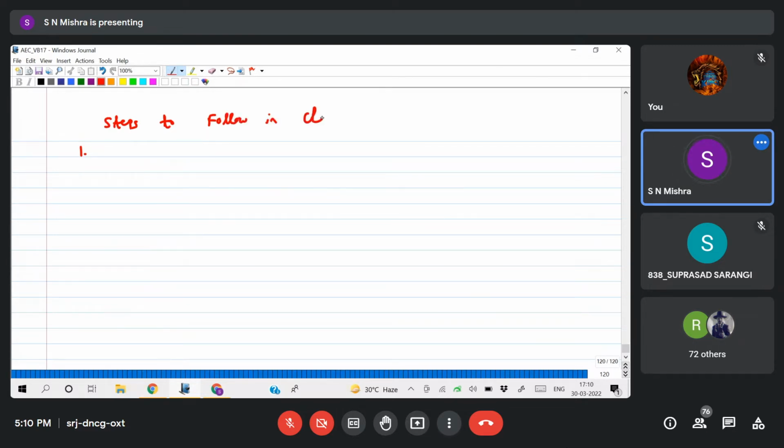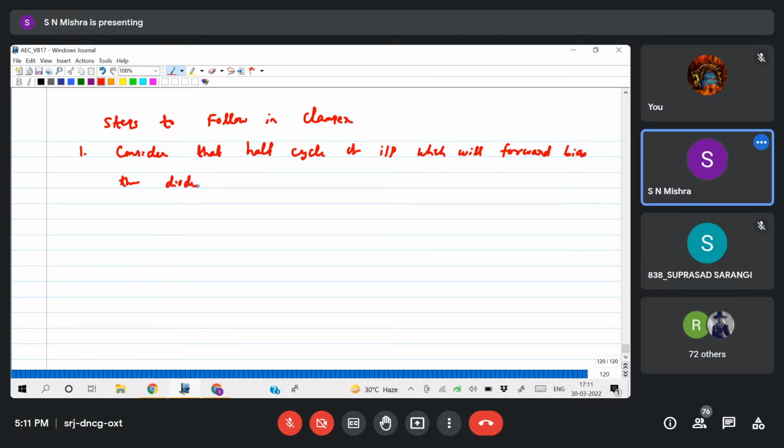In clamper, first step, consider that half cycle of input which will forward bias the diode.